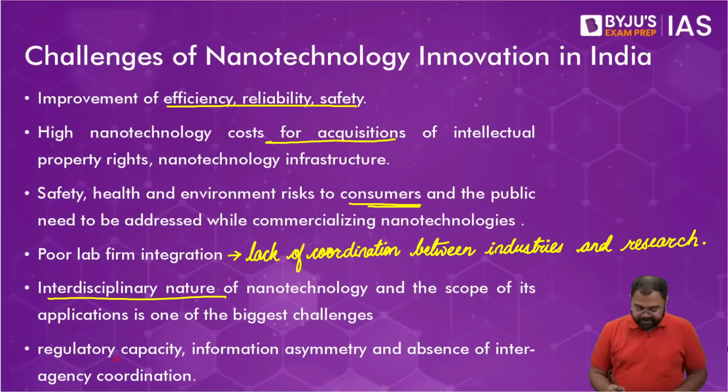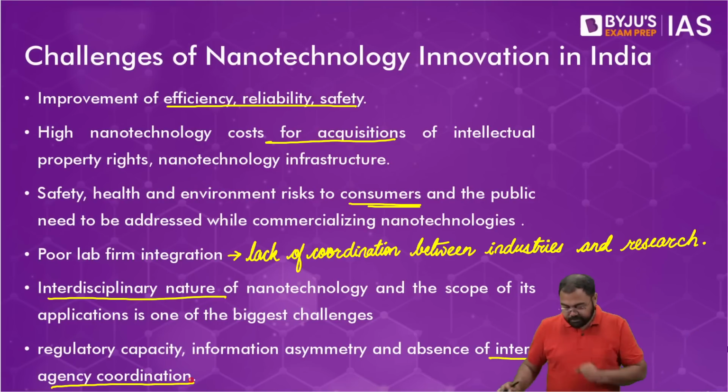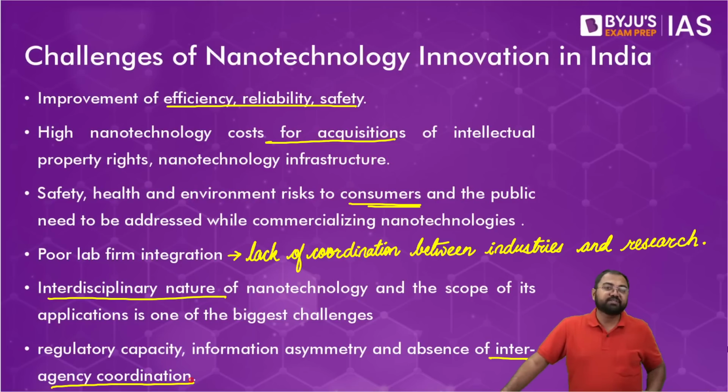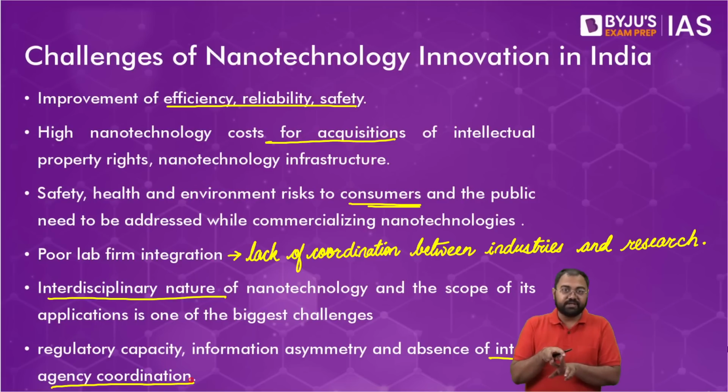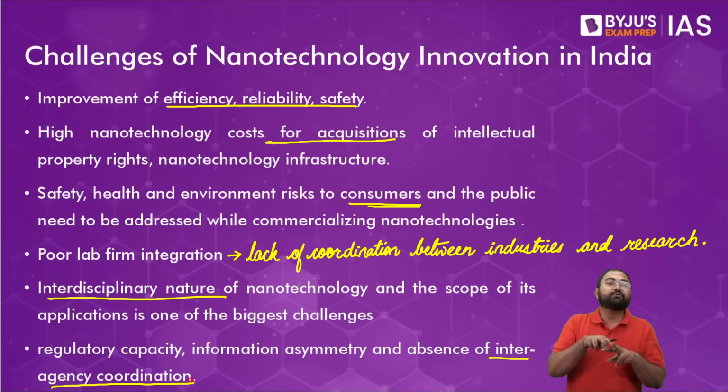Then regulatory capacity, information asymmetry, and the absence of interagency coordination. Now, this is also a big challenge many times in India. Let's say, for example, two ministries, you have Ministry of Science and Technology, and you also have Ministry of IT and Electronics. They are both somehow related to nanotechnology.